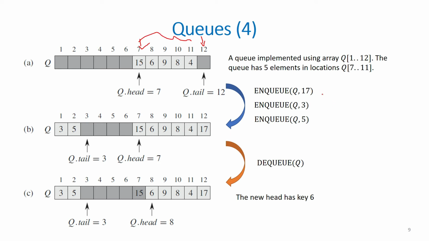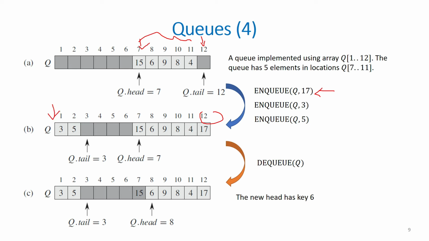If we perform the first ENQUEUE operation to add 17, 17 will first be placed at position 12, referenced by q.tail, before it is incremented by 1. Considering a circular queue, q.tail will now be pointing at location 1.